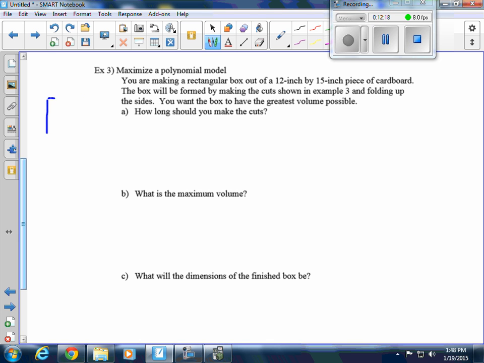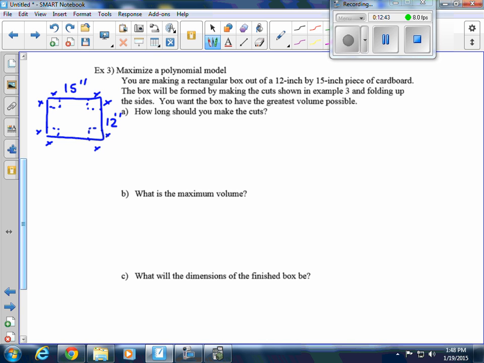So if we look at our box, here's our box. We're going to make cuts out of each corner and fold them up. And they say that this is 15 inches and this is 12 inches. So these we're going to call x. So how long should you make the cuts?